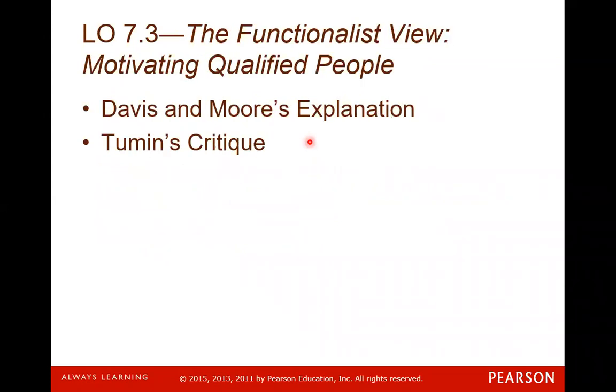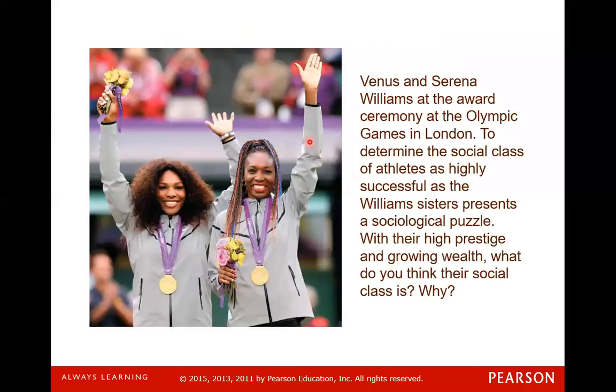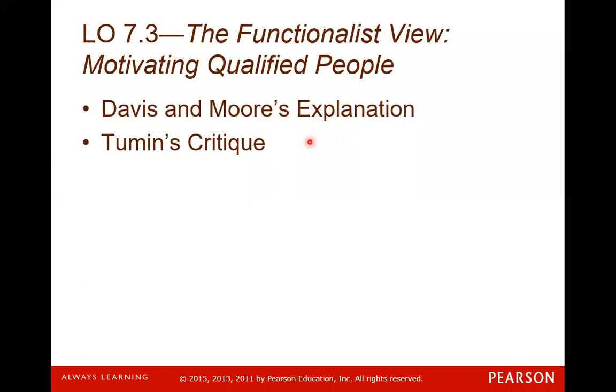So the first one is the functionalist view, which is motivating qualified people, and that's very interesting. It says that Davis and Moore's explanation is that in order to maintain a spirit of progress in the society, in order to encourage those who are highly qualified to work harder, you need to maintain social stratification.